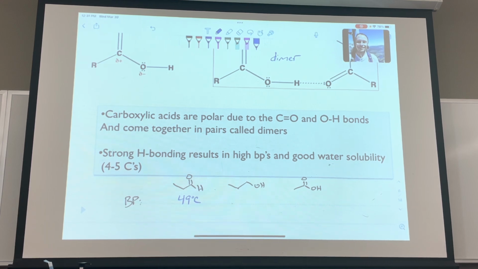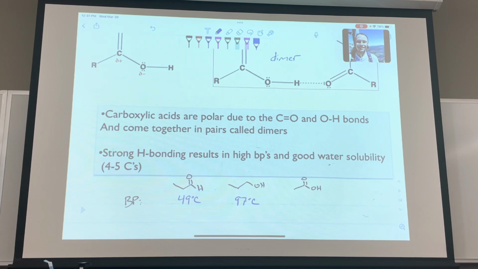Now the alcohol, as we know, can hydrogen bond. It has a hydrogen directly on the oxygen, and that's going to increase the boiling point significantly. It practically doubles the boiling point, up at around 97. And then you go to the carboxylic acids.